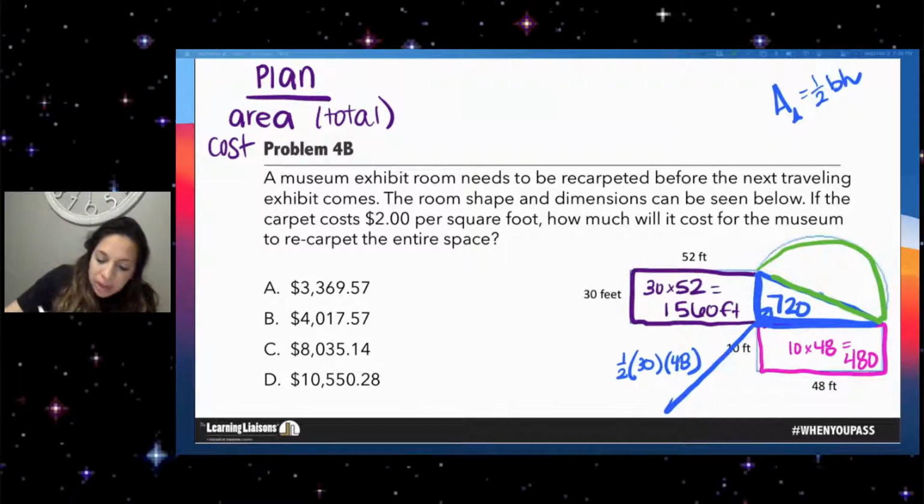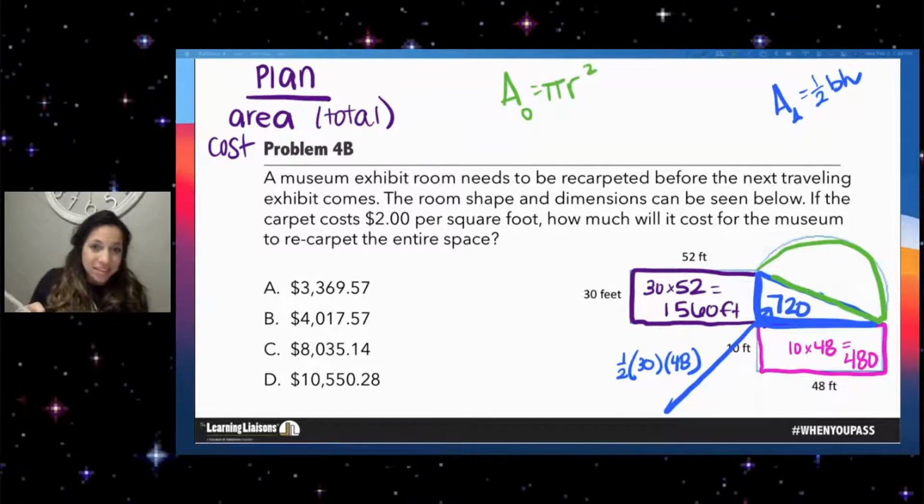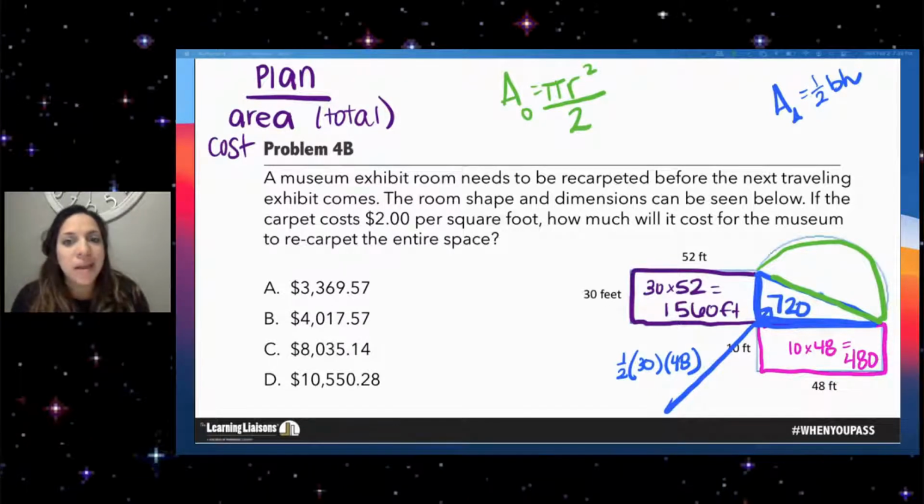In order to find the area of this green shape, we know the area of a circle equals pi r squared. And this is a half circle, so we're going to divide that by 2. But in order to do that, I need my radius. And they didn't give us the radius. But what we do have is a right triangle.